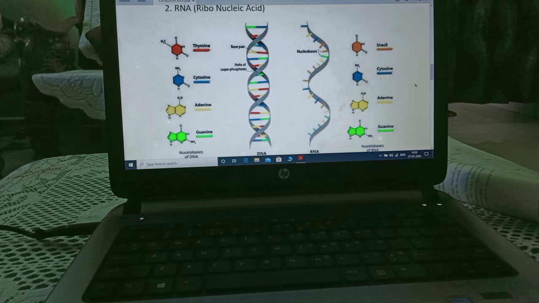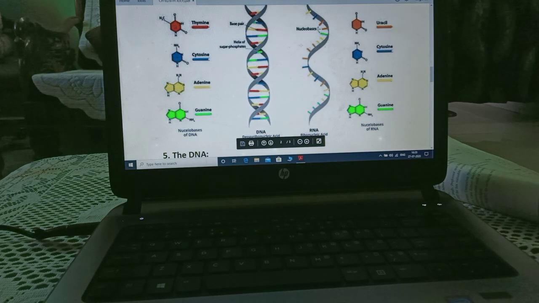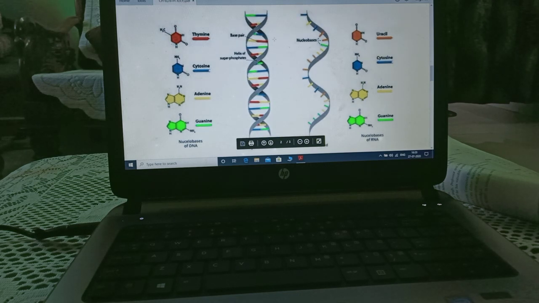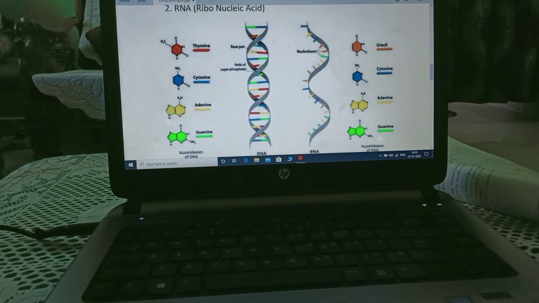The rest three are the same, that is cytosine, adenine and guanine. DNA is a double stranded structure as you can see on the screen, and this is a single stranded structure, that is RNA.